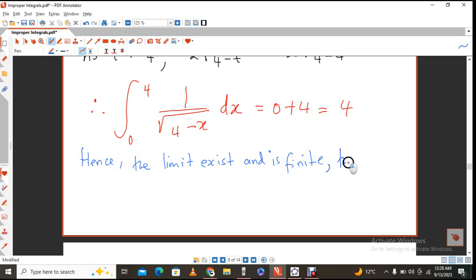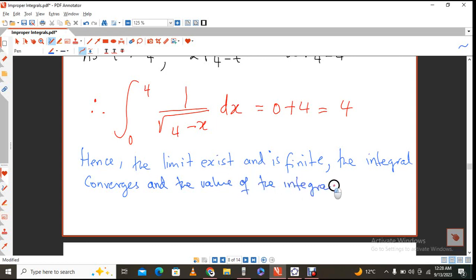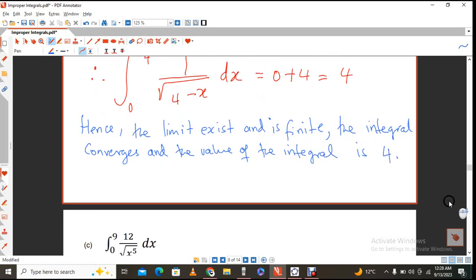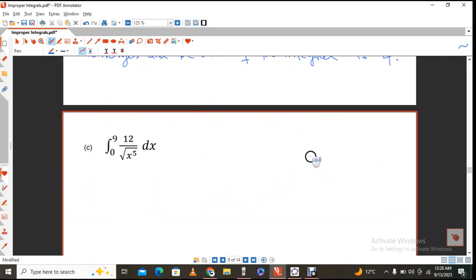The integral converges, and the value of the integral is 4.